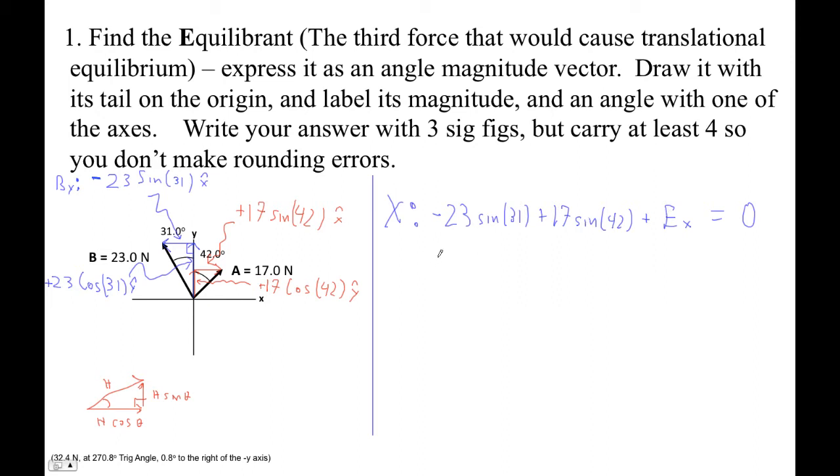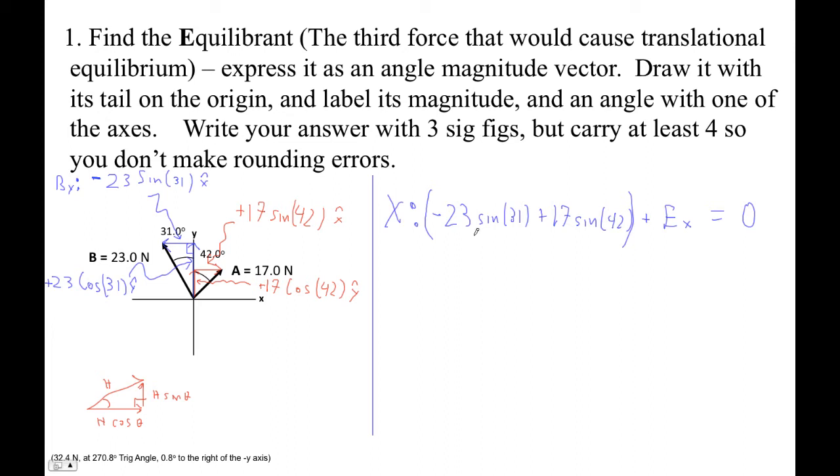Let's do some maths. Okay, so let's see. Basically to find this, I'm just going to take all of this and find the opposite of it. So I'm going opposite left parenthesis, negative 23 times sine of 31. Make sure you are in degrees, plus 17 times sine of 42.